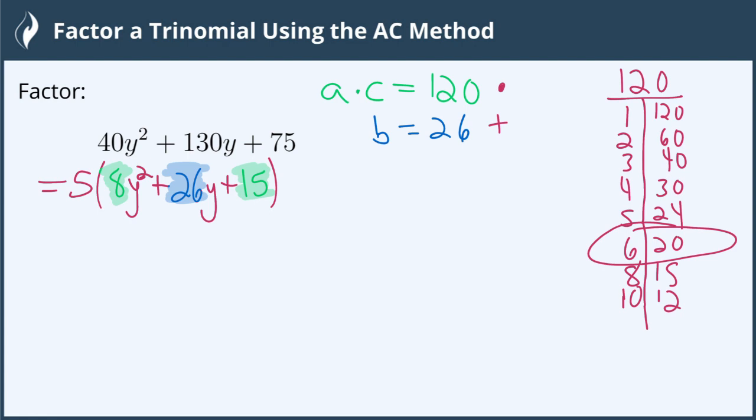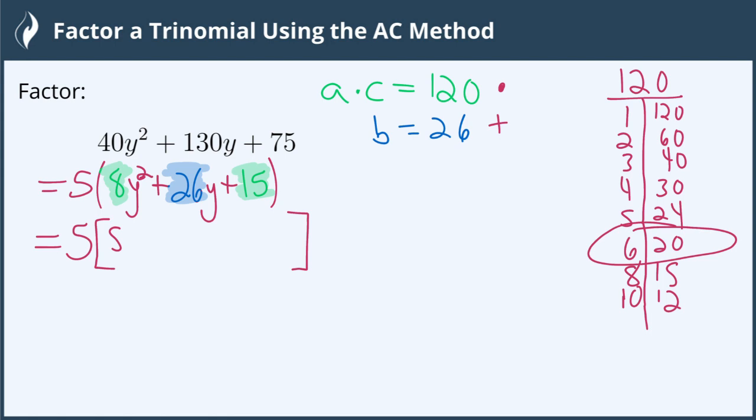Now, what is it that we just did? Well, this told us how we're going to break up that middle term, the 26y, so that we can factor by grouping. So let's take a look at that in the actual problem. We carry down the 5 from the outside, and then I like to put brackets just so it doesn't get mixed up with parentheses inside once I start getting multiple steps here.